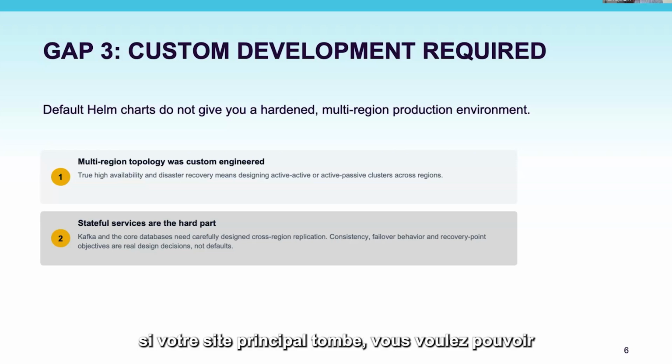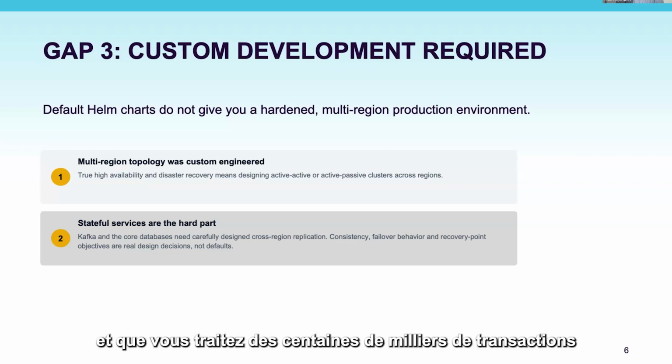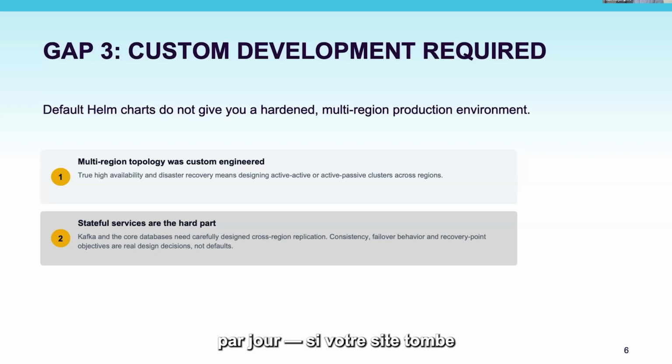If your primary site goes down, you want to be able to shift to your secondary with very minimal downtime, right? Because especially if you're already in production, you're handling hundreds of thousands of transactions per day. For your site to go down more than 10 minutes, that is going to be felt across the board.